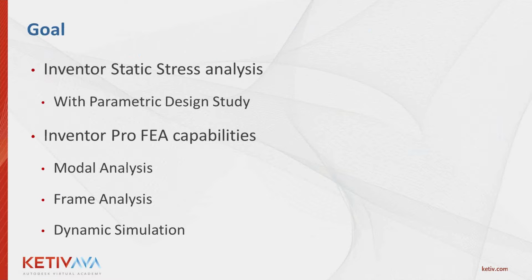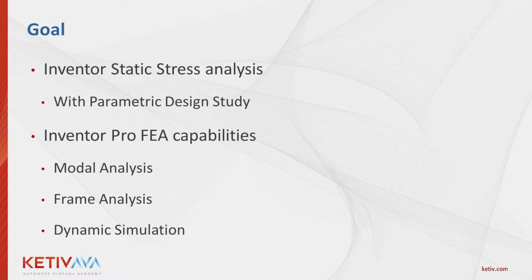So the goal for today, for this first session, I should say, is we're going to go over Inventor Static Stress Analysis right inside of Inventor Professional. And we're also going to take a look at a parametric design study, which means that we're going to be able to manipulate a parameter inside of Inventor so that we can get an idea of what it would look like in these two different scenarios without having to start a brand new simulation.